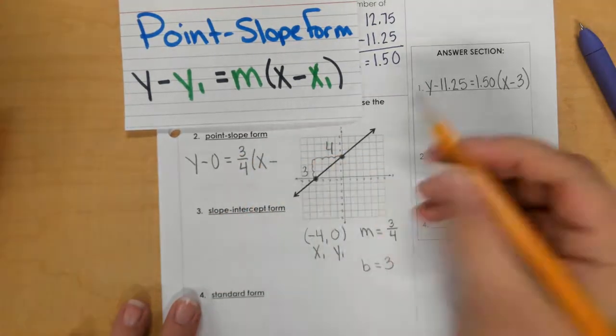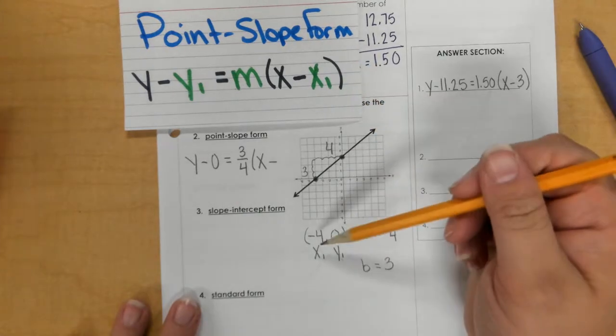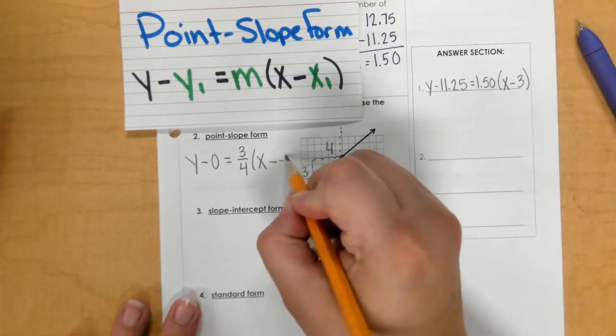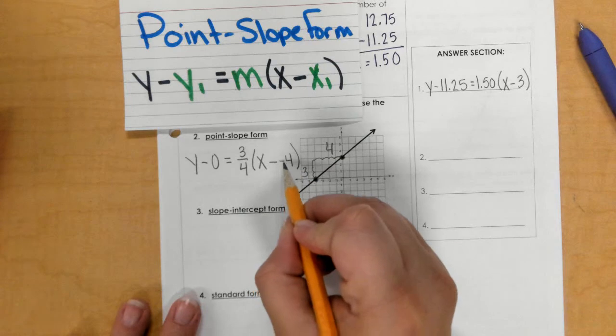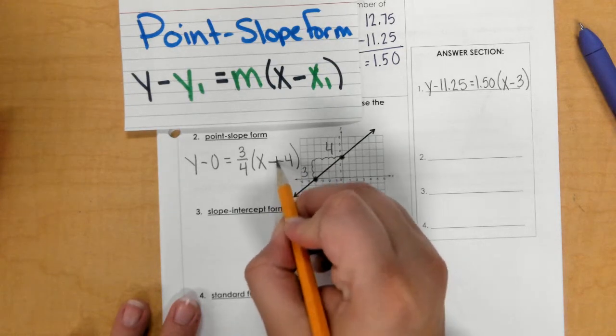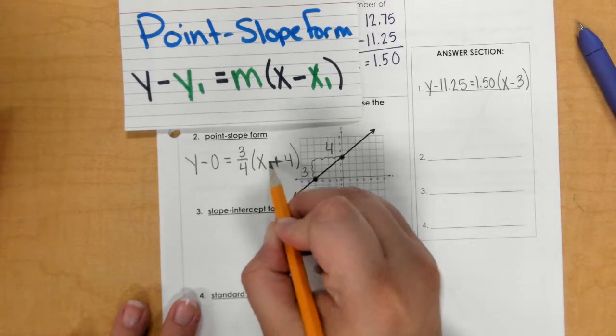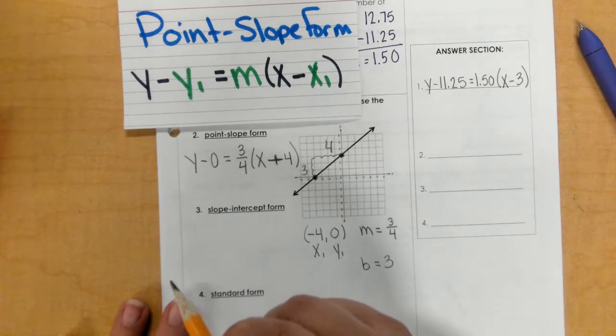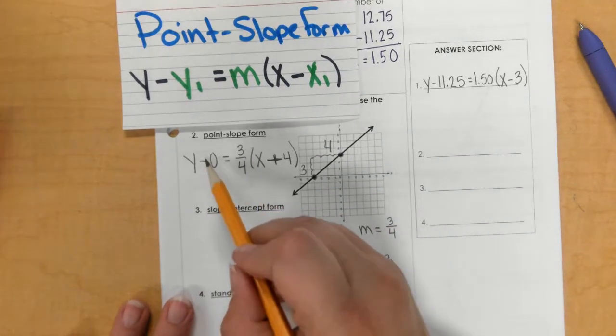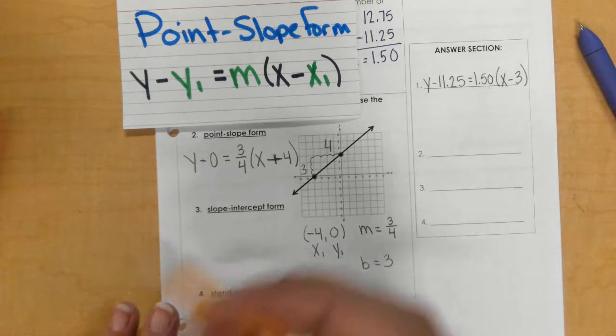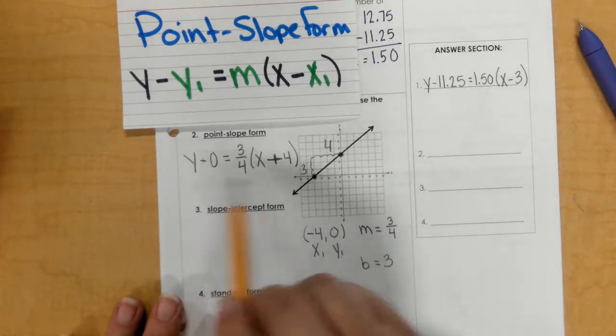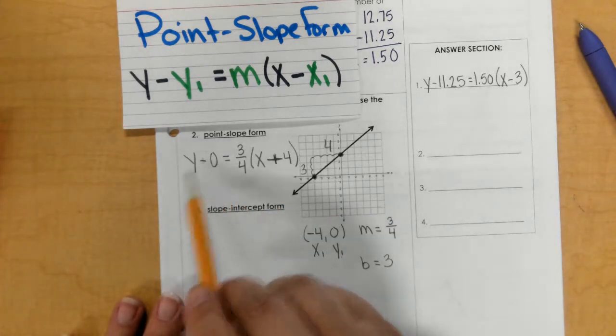And then x minus x1 is a -4. But we know that two negatives should make a positive, so we're going to make that a plus sign here. Okay. We also discussed in class that if you see a -0, if you had a +0, that is also acceptable. So either one of those answers with a plus or a -0 would be acceptable.